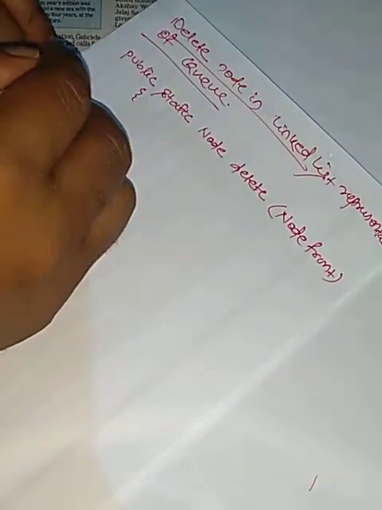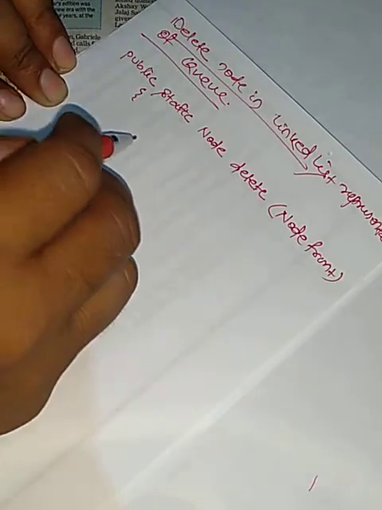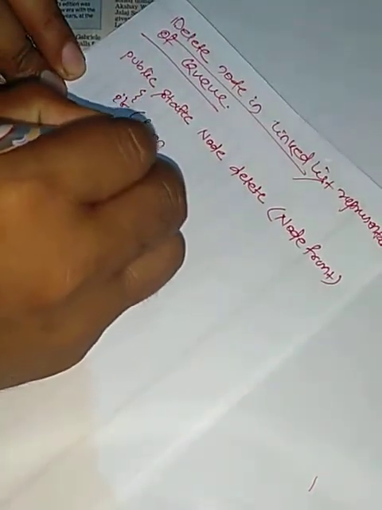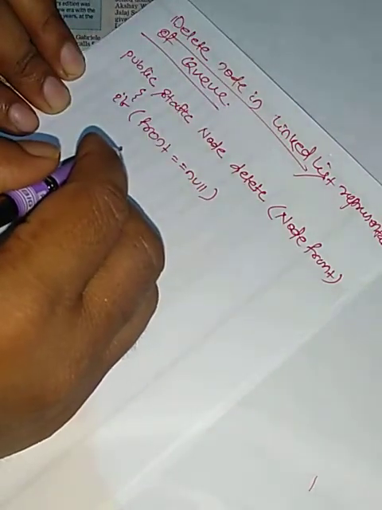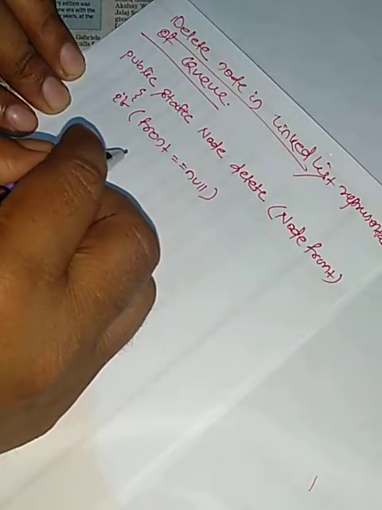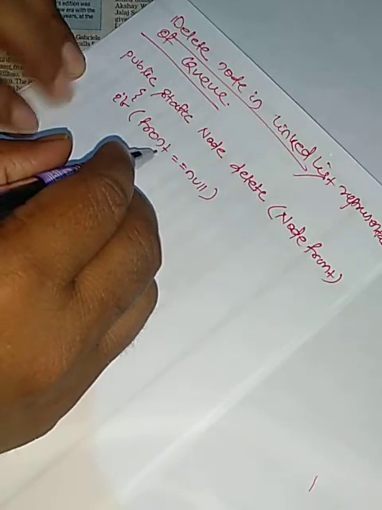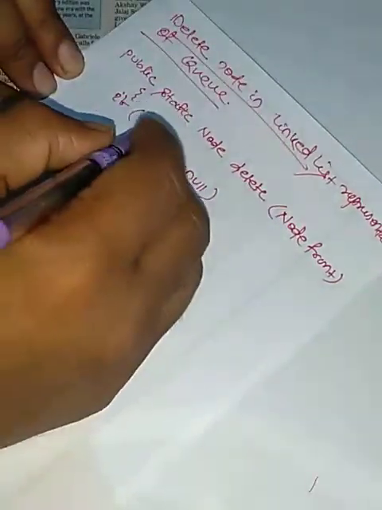Okay, so now before delete we have to check the list is not empty. If front equal to null, what we'll do? Front equal to null, that means rear equal to null, and list is empty.